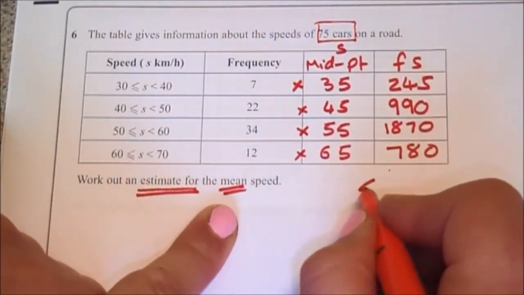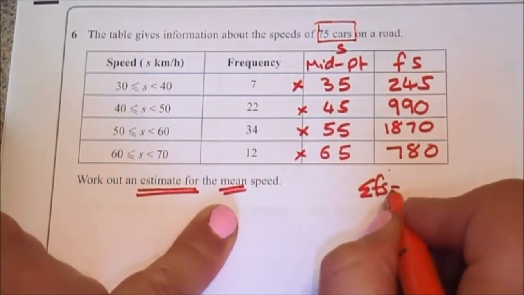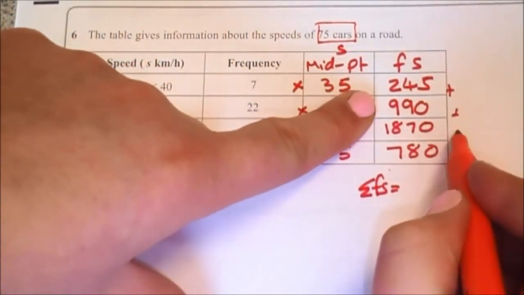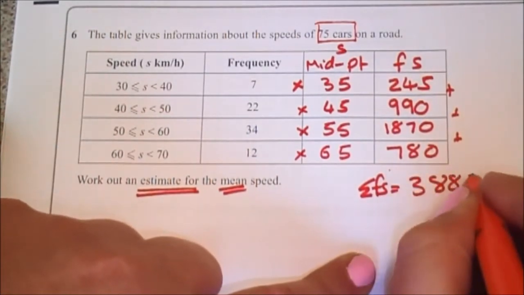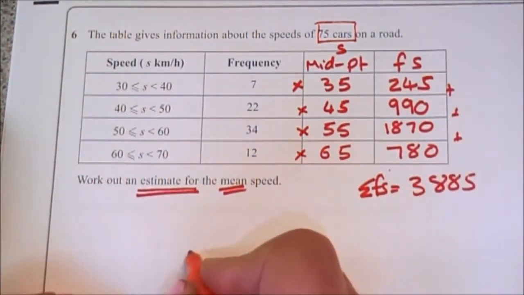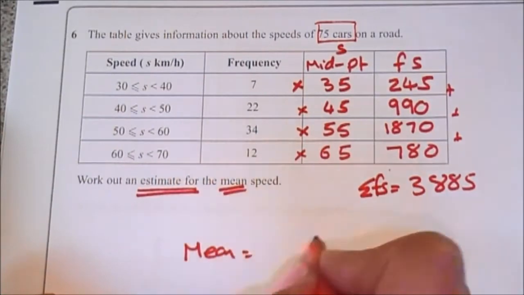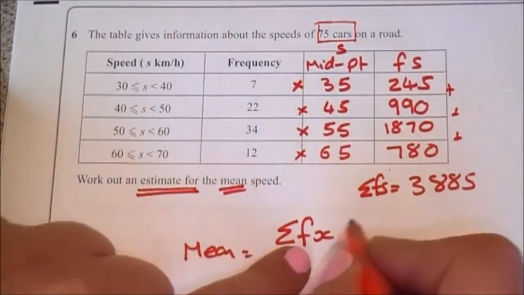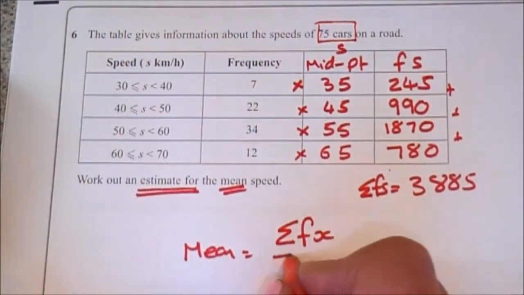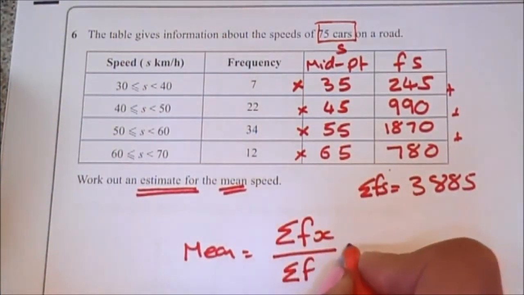What I need to do then, in order to calculate an estimate for the mean, is to find the total of the FS column. So I'd add all of those together, and that would give me 3,885. And then I need to find the mean. The mean is the total of your FS column divided by your total frequency.